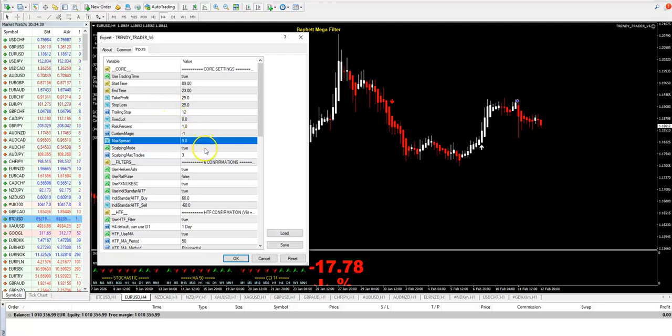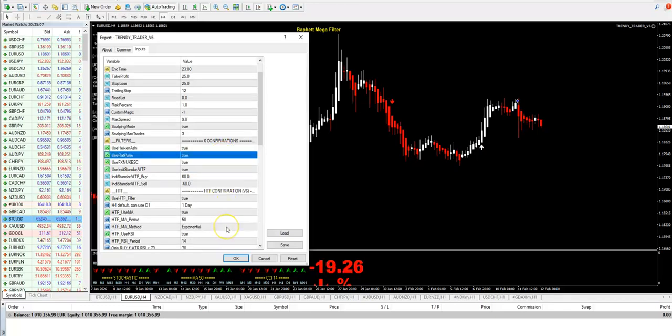We have also here scalping and classic mode. If you have scalping mode, you can change number of scalping trades, 3, 2, 1, 0. This is some confirmations. I will put all, Heiken-Ashi, flat pulse, this one, I will not explain what that is, and buy or sell trend strength.